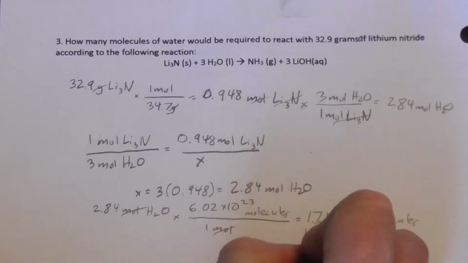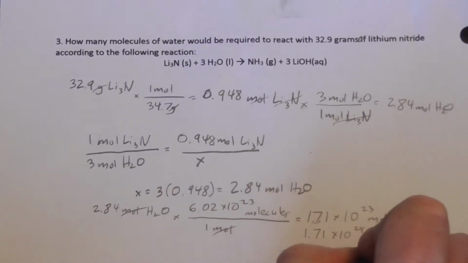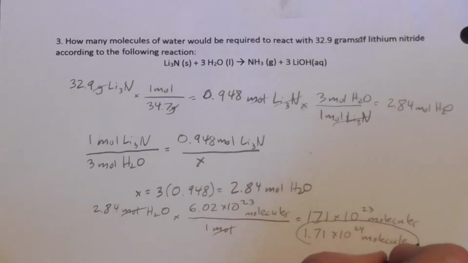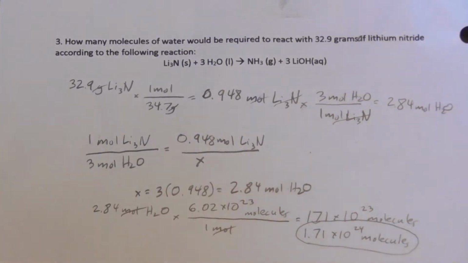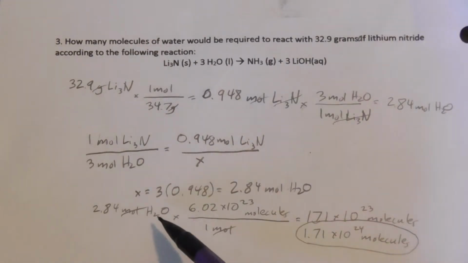So 1.71 times 10 to the 24th molecules is the acceptable answer for molecules of water. Keep your units there. If I have those units and I ask myself, is that what I was supposed to find? Yes. Am I looking for molecules of water? Yes. Everything's good in that particular situation.